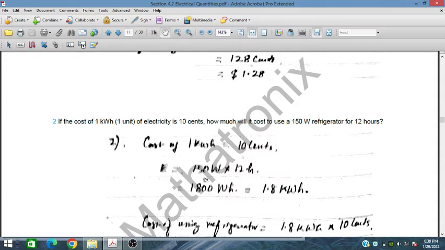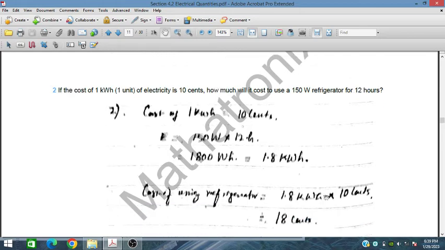Divide by 1000 to make it kilowatt hours, so this is 1.8 kilowatt hours. So a 150 watt refrigerator for 12 hours will consume 1.8 units. The price of 1 unit is 10 cents, so we multiply and we have 18 cents. So if a 150 watt refrigerator operates for 12 hours, the cost will be 18 cents if the unit price is 10 cents per unit.